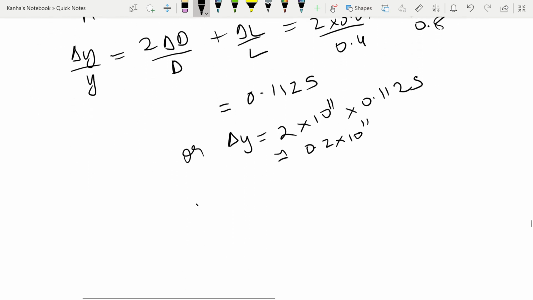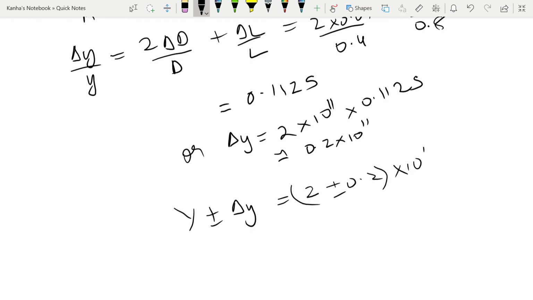So my Y turns out to be, if I write it in the error form, Y plus minus delta Y is equal to plus minus 0.2 into 10 to the power 11 Newton per meter square.